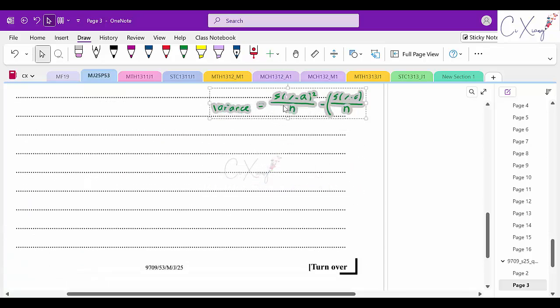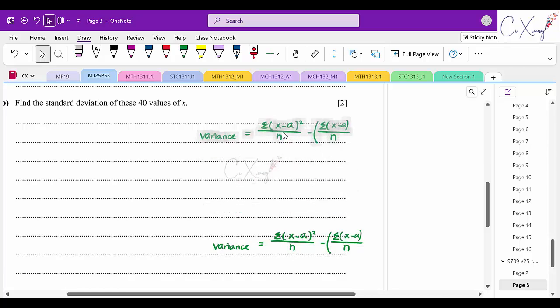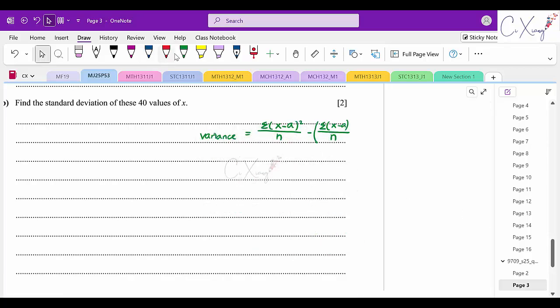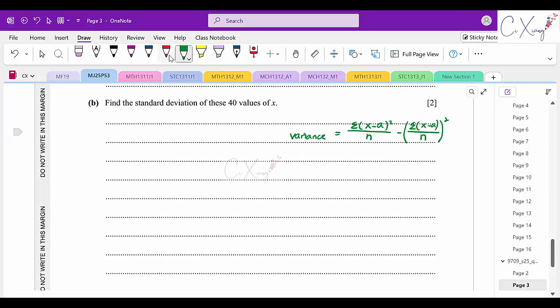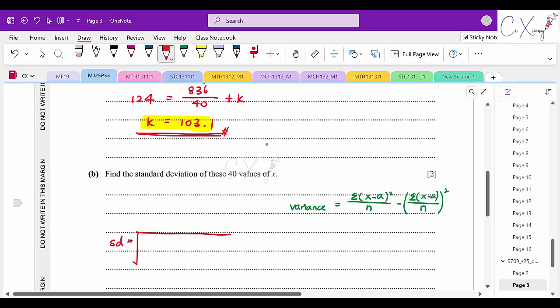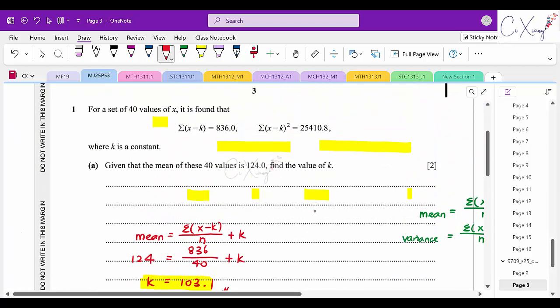So the standard deviation equals the square root of the summation of x minus a squared, or the summation of x minus k squared. So where's the summation of x minus k squared? This is what we have.